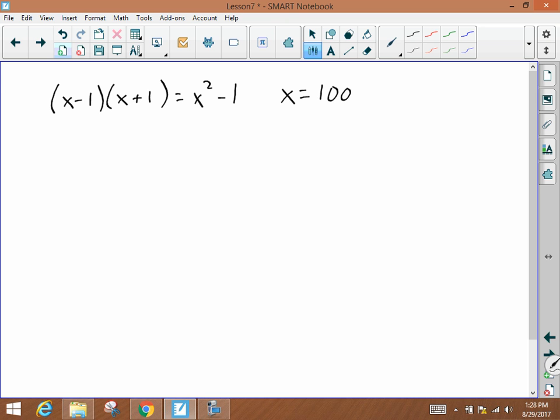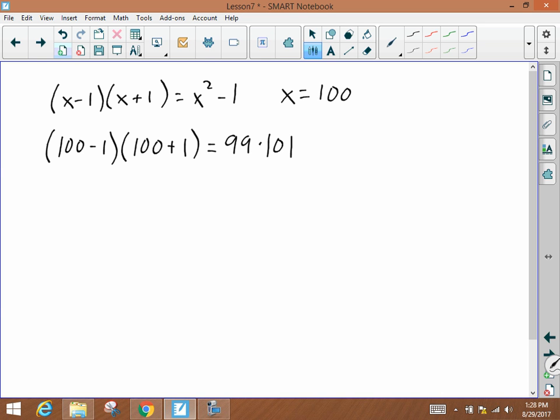If I substitute 100 in, it looks like I am actually calculating 99 times 101, which might be kind of difficult to do if you're going to do some mental math. There's a really easy way to do this problem using the idea of difference of squares.